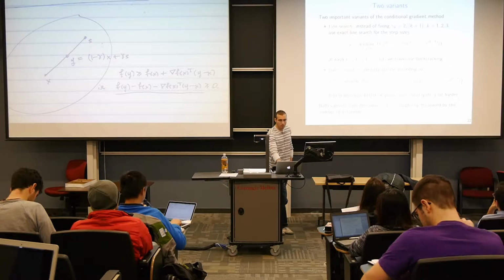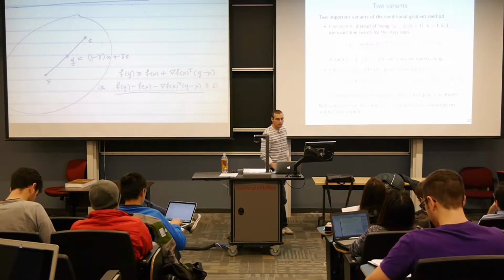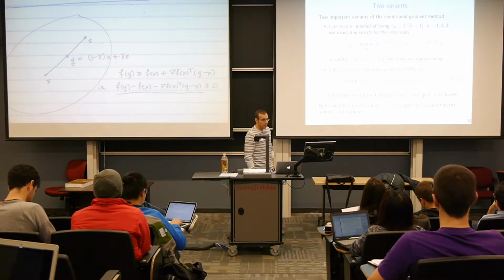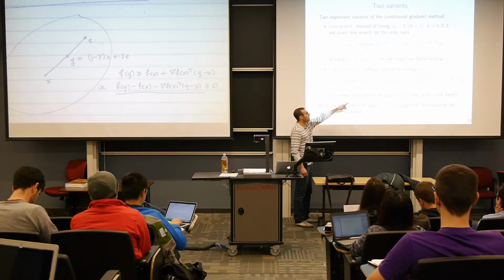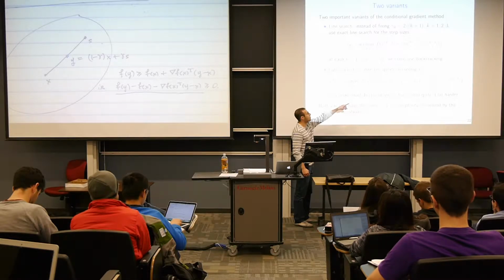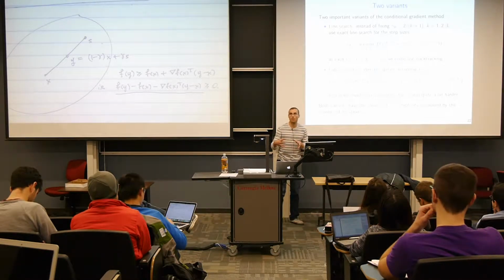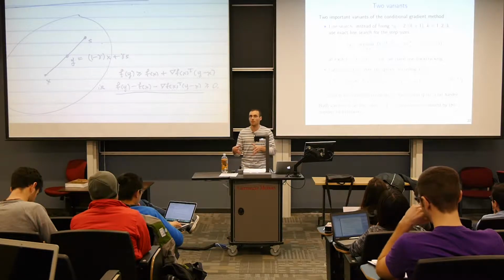Another variant of Frank-Wolfe is called fully corrective, and that is the following. Every time that you find a new proposed update s, you allow yourself to update your point y to be anywhere in the convex hull of points you've seen.